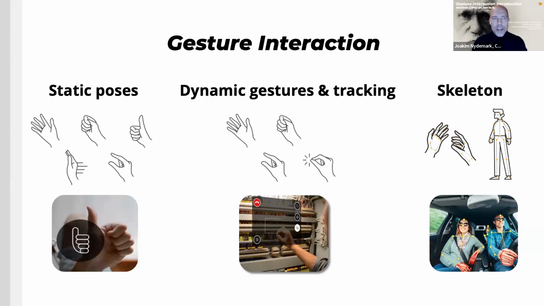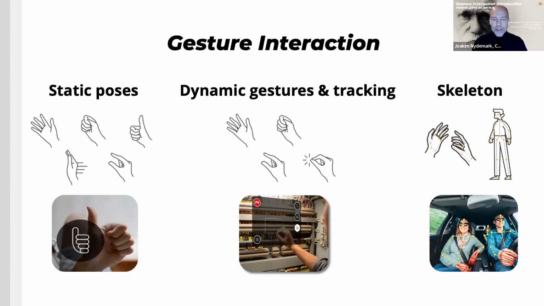The first category is what we call the static poses. Static poses is when you show your hand with a specific pose, like a thumbs up like this. And when the system recognizes this thumbs up, it triggers an event and something happens in that specific device.